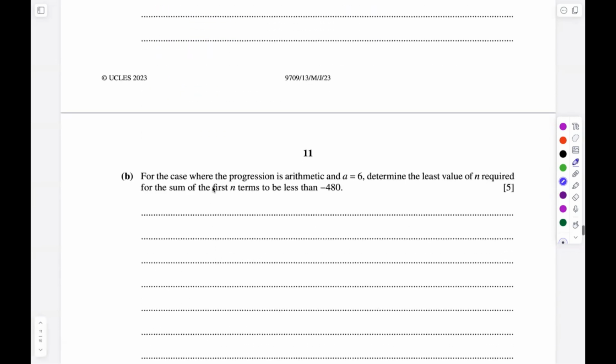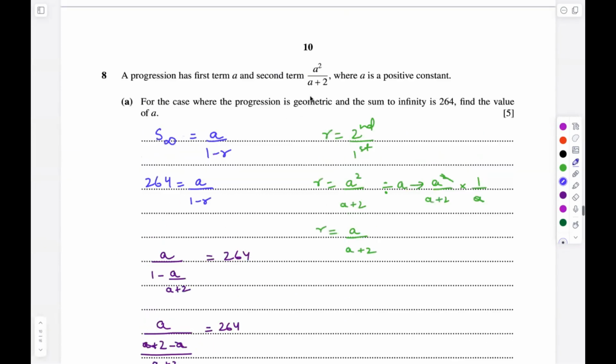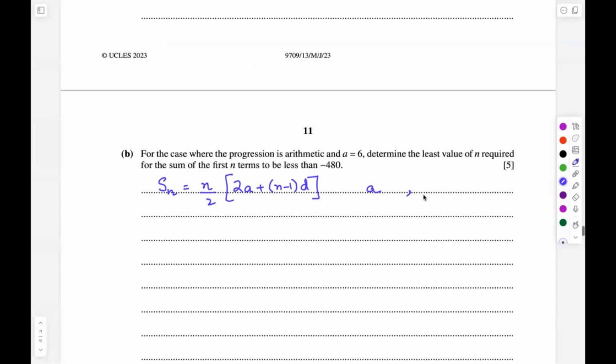In part B, it says for the case where the progression is arithmetic and a equals 6, we have to determine the least value of n required for the sum of the first n terms to be less than minus 480. Now, the sum formula for an arithmetic progression is n upon 2 into 2a plus n minus 1 into d. The first term was a and the second term was given as a squared upon a plus 2.